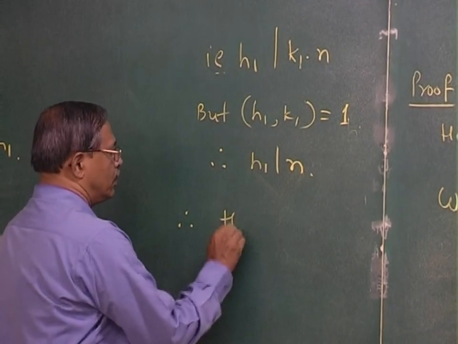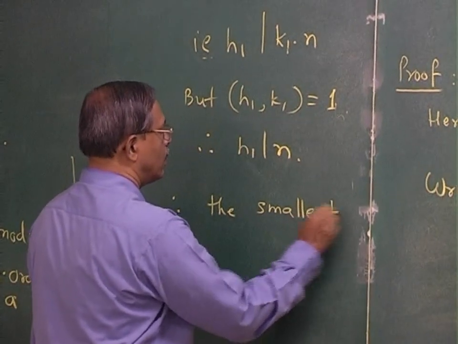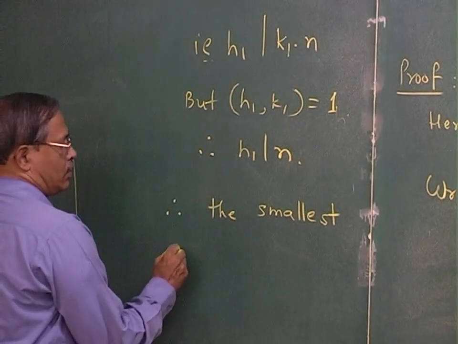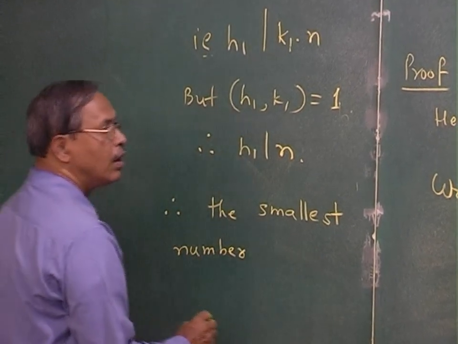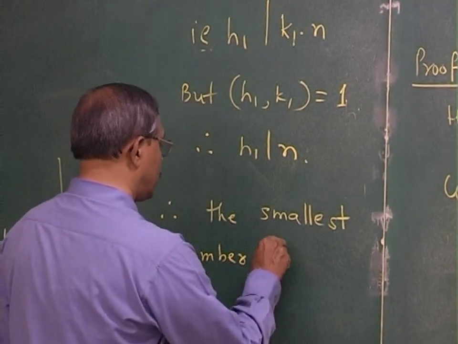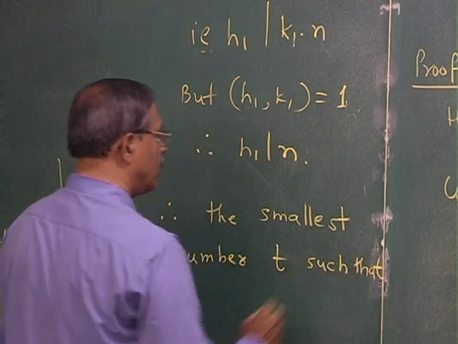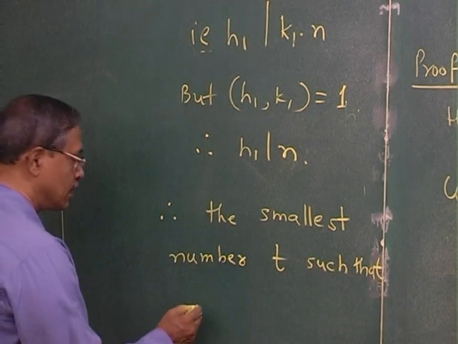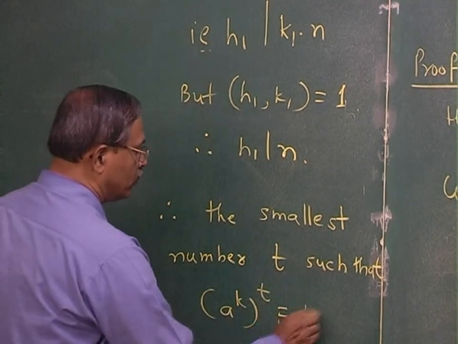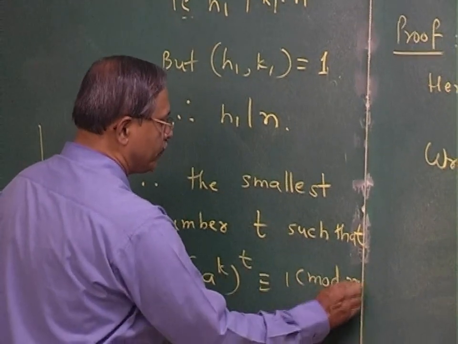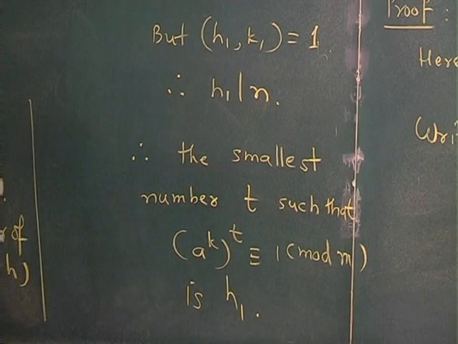Therefore, the smallest positive integer t such that a raised to k raised to t is congruent to 1 mod m is h1.